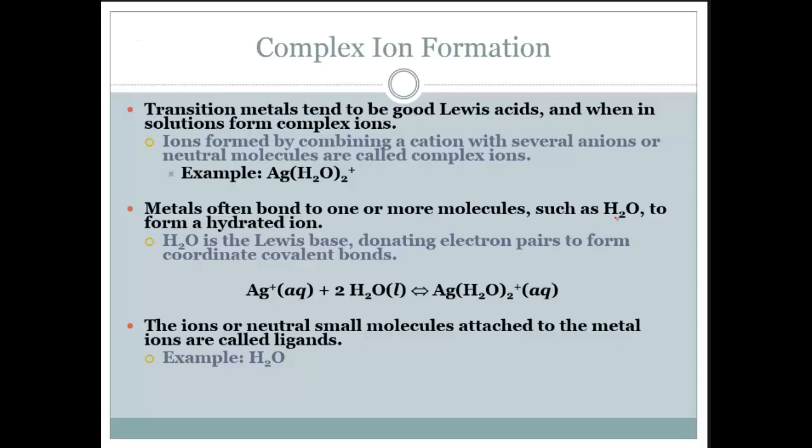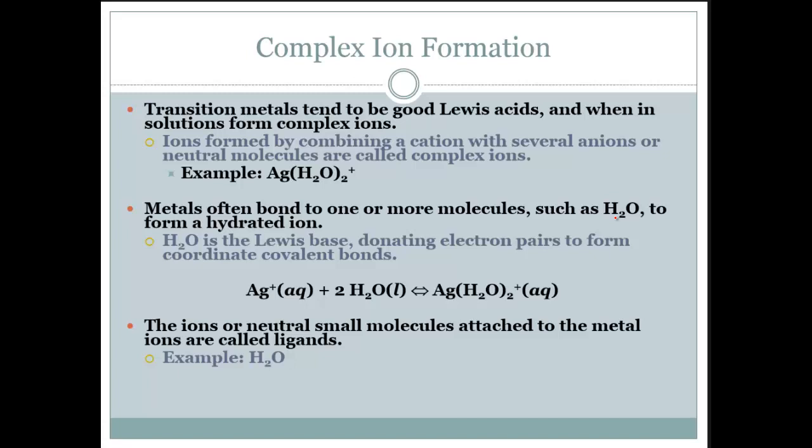Alright, so let's talk about complex ion formation. Transition metals tend to be good Lewis acids, and when in solution, they form complex ions. Remember, Lewis acids accept extra electrons. Ions formed by combining a cation with several anions or neutral molecules are called complex ions.